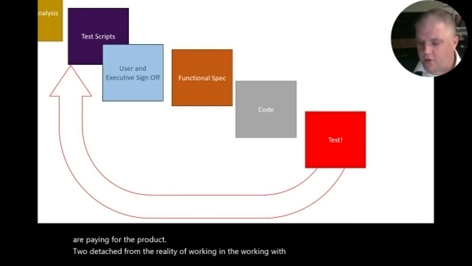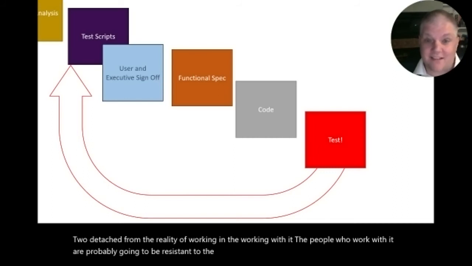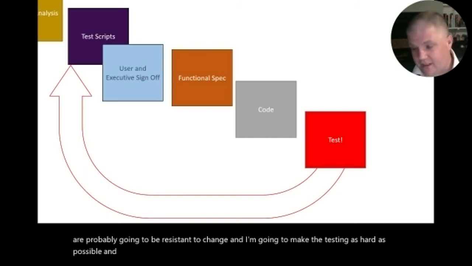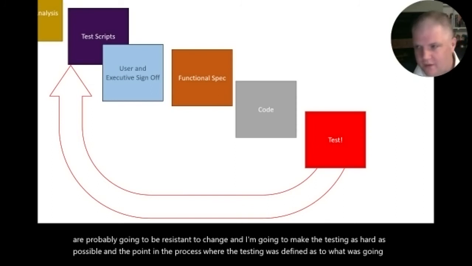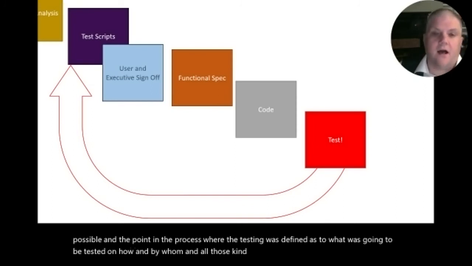The people who work with it are probably going to be resistant to the change and are going to make the testing as hard as possible. And the point in the process where the testing was defined as to what was going to be tested and how and by whom and all those kind of things is too late, so you end up testing your own homework.